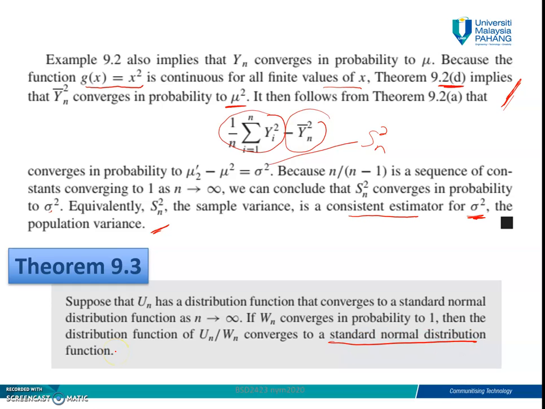You have done this in chapter 5 as well, in the early videos: when U follows a standard normal and W converges in probability, the ratio converges to a standard normal distribution.